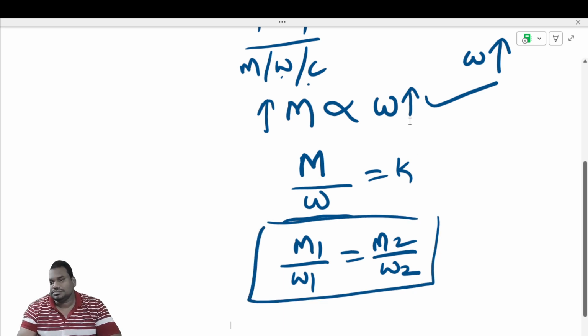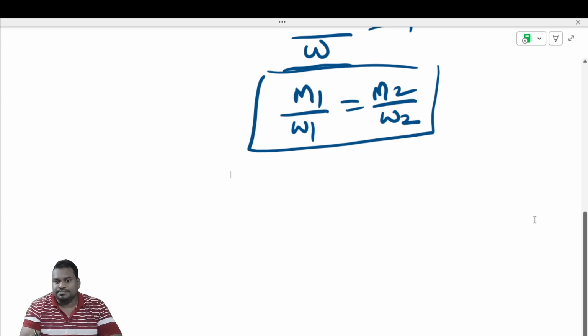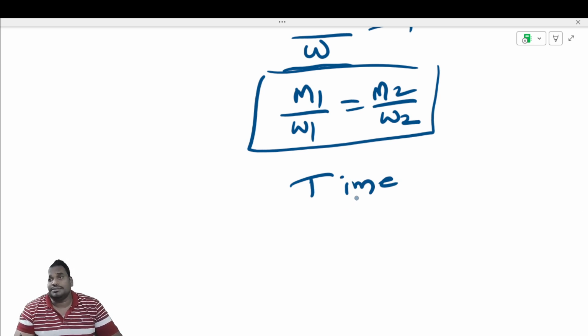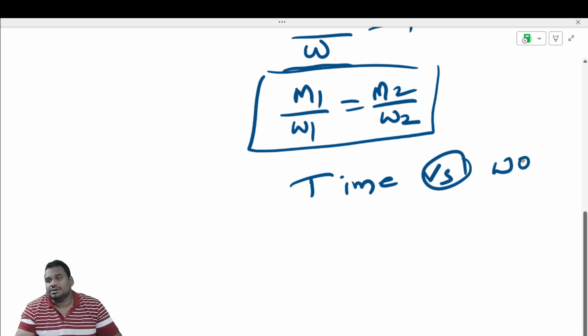Okay. Now I'll talk about the time and the number of people. I'll check the proportionality, whether they are inversely or directly proportional, about time versus work, or time versus work of men, you can say.